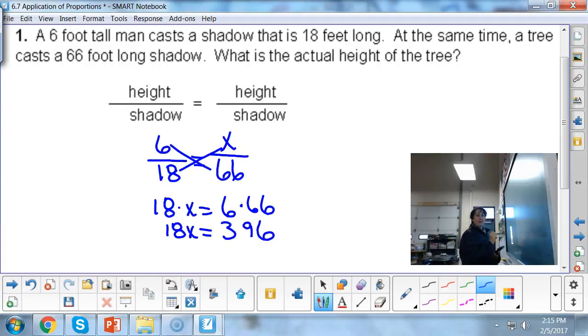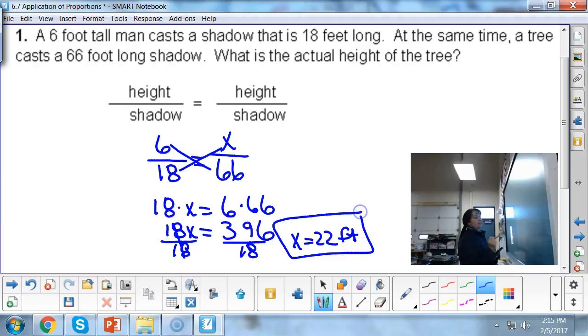And then to get the x by itself, to isolate it, I'm going to divide by 18, so that cancels. And I'm going to divide by 18. And I get x equals 22. 22 feet. Okay, since it is an applied problem, I do have to label it, all right? Pretty straightforward, I hope.